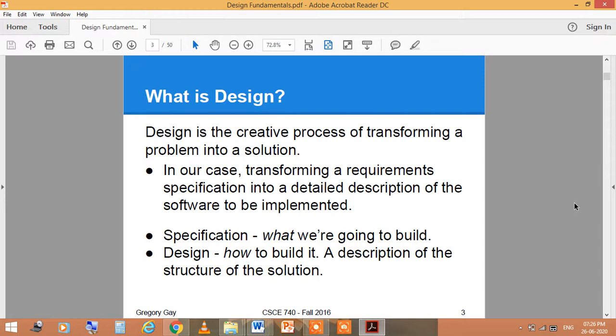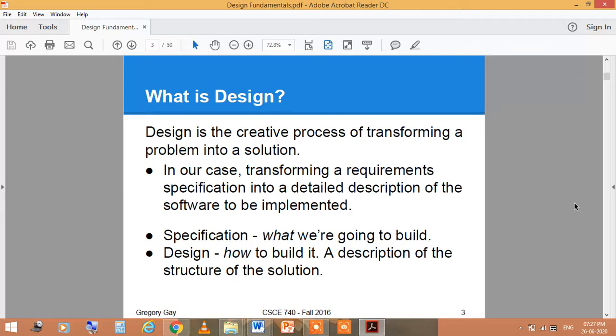Today I am going to take the lecture on the subject System Analysis and Design, and the session name is Design Fundamentals. So, first you should know what is design. Design is basically the creative process of transforming a problem into a solution.